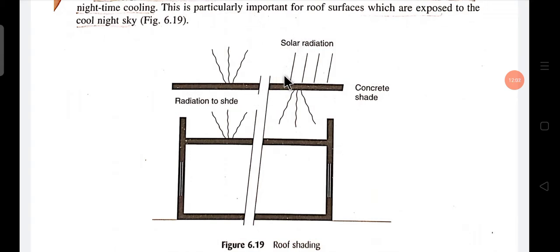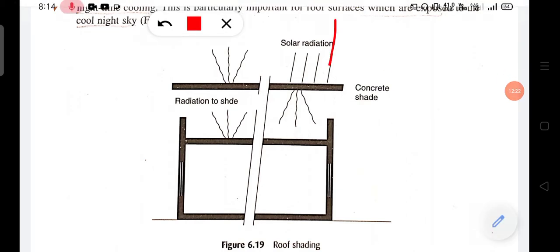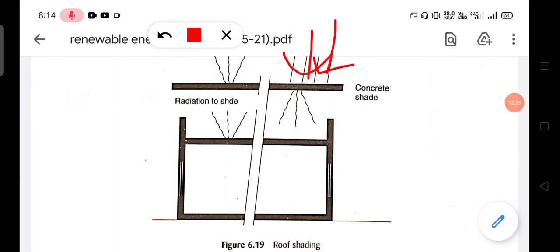It protects from direct sun radiation, but it also blocks the convective transfer, the thermal radiation returning back from our building at night time. That means it protects from sun radiation, but it also blocks the thermal radiation from our building at night time. It prevents that.